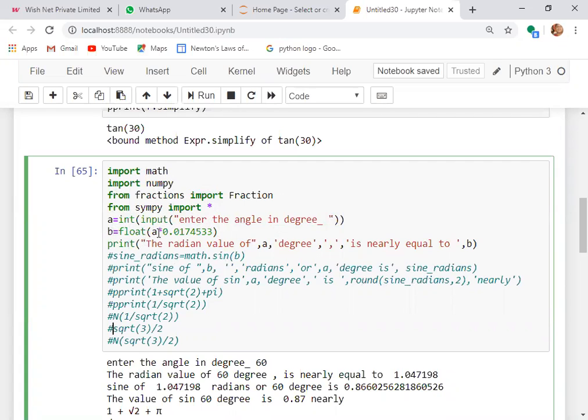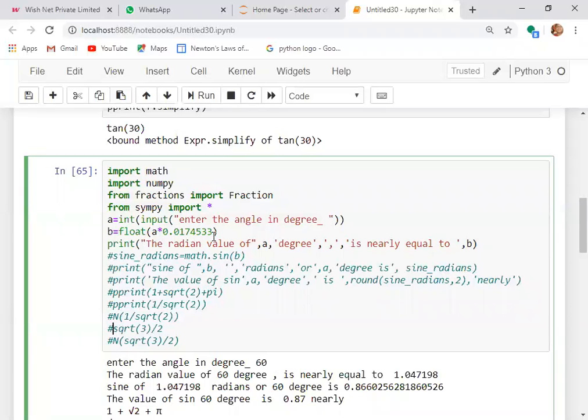B will be equal to the input value in degree multiplied by 0.17453. Actually, that is the value of conversion from degree to radian. If you put 10 degree, that 10 degree will be converted into radian by multiplying. So this is the factor of multiplication, 0.0174533.